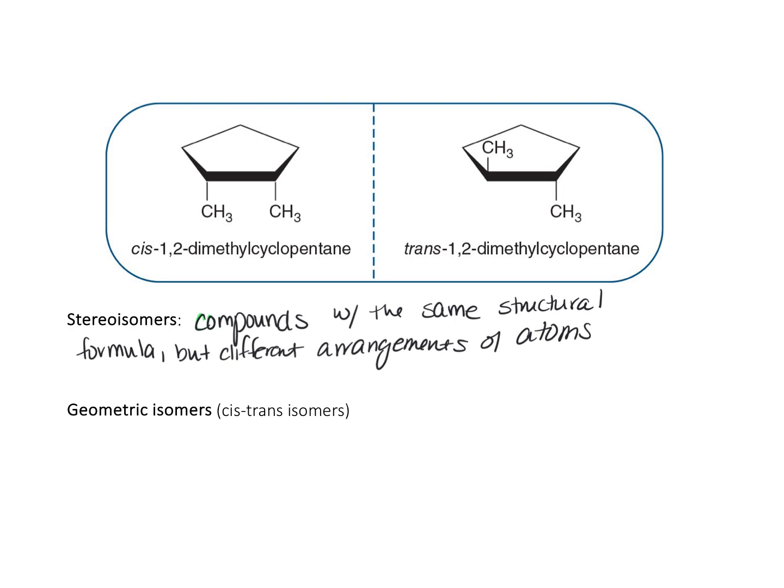Okay. And we can also have geometric isomers, and those are those cis-trans isomers. And so I want you to remember that cis means the groups are on the same side, and then trans means the groups are on opposite sides.